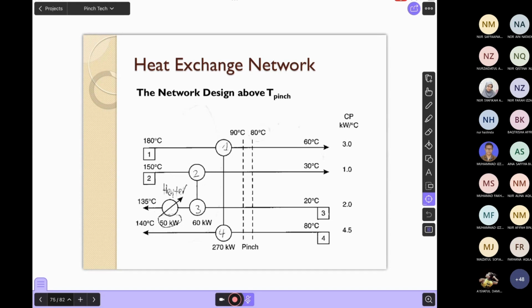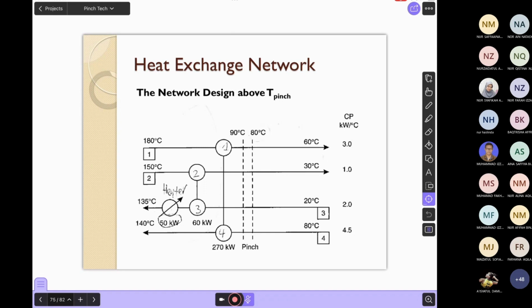Macam mana nak buat soalan exam? 2. Okey. Ada jawapan lain tak? You kena faham soalan saya. Saya tanya, kalau you ada stream number 1 and stream number 4, you said you have 2 heat exchanger. Jadi dia punya jawapan dia macam ni lah.